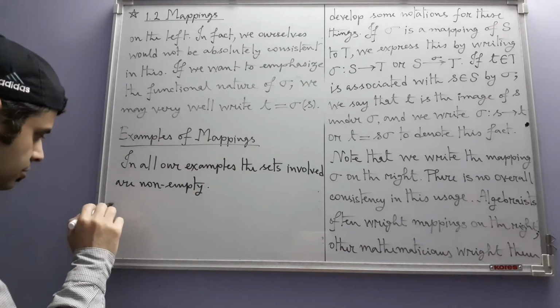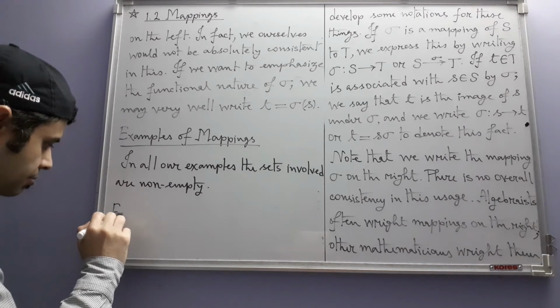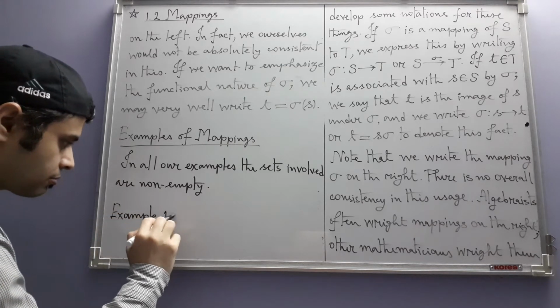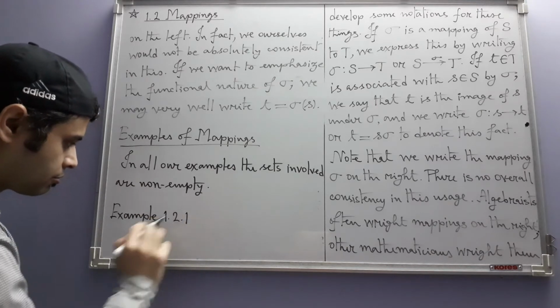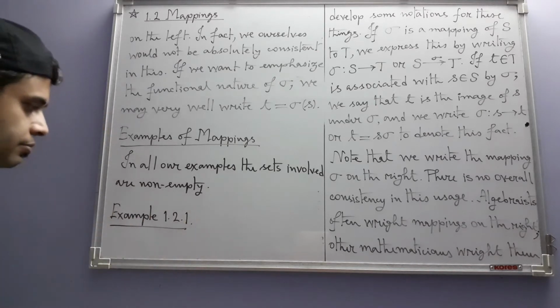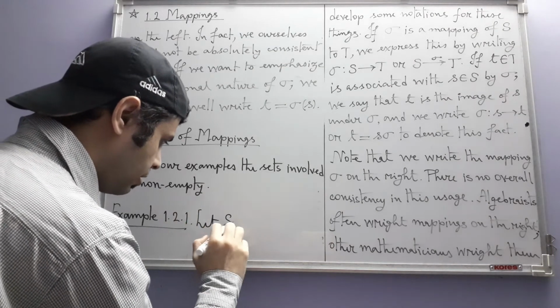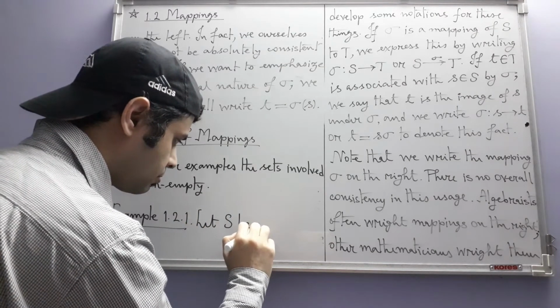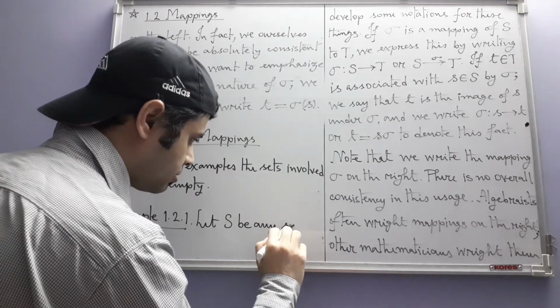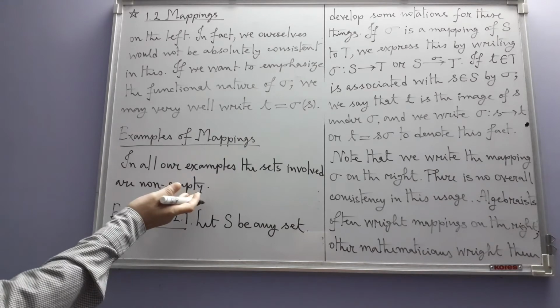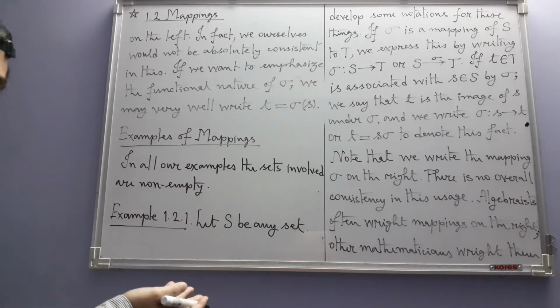Okay, so this is the first example. Let S be any set. Any set means any non-empty set, because we have agreed to only consider non-empty sets.